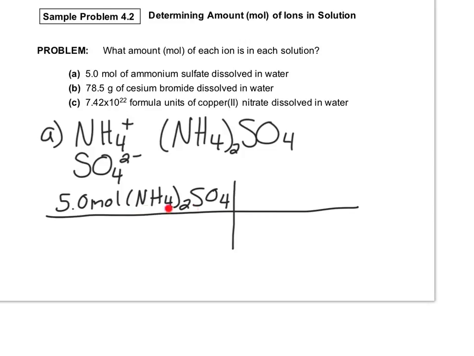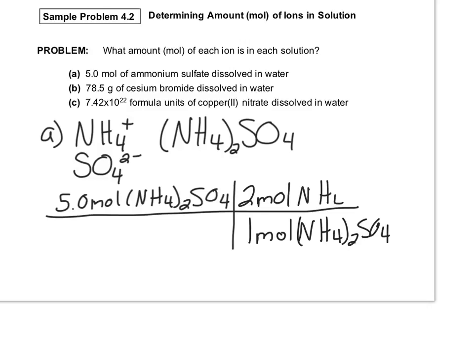And so my conversion factor is actually the chemical formula, right? The chemical formula tells me for every 1 mole of ammonium sulfate, I have 2 moles of ammonium there. So if moles of ammonium sulfate is in the top, that's what has to go in the bottom. So from that formula, for every 1 mole of ammonium sulfate, I have 2 moles of ammonium.